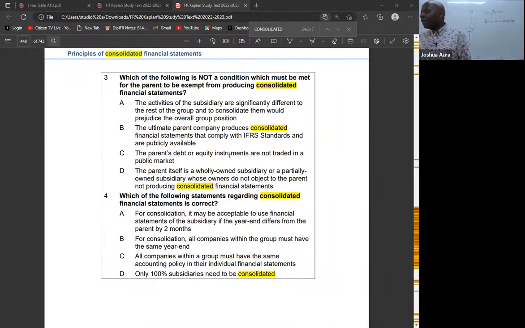B, the ultimate parent company produces consolidated financial statements that comply with the IFRS standard and are publicly available. C, the parent's debt or equity instruments are not traded in a public market. D, the parent itself is a wholly owned subsidiary or a partially owned subsidiary whose owners do not object to the parent not producing consolidated financial statements. Give me the correct answer there. It's not a condition which must be met.